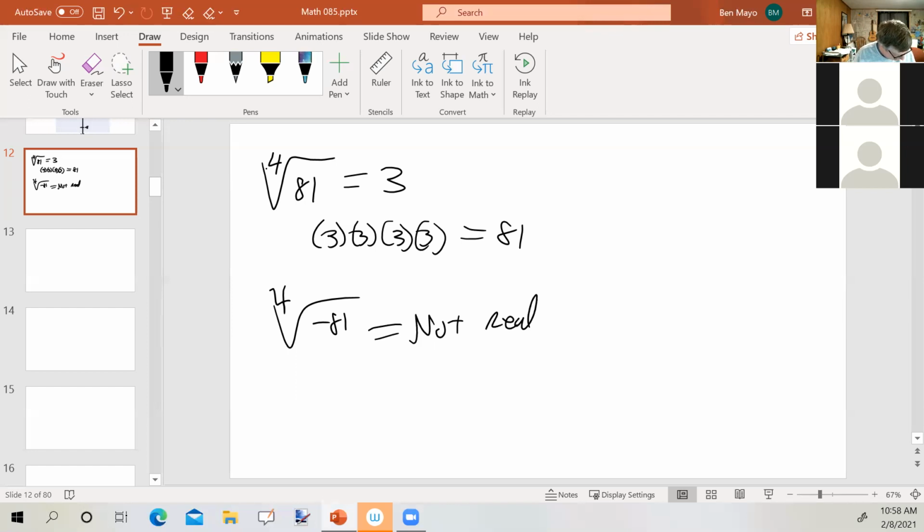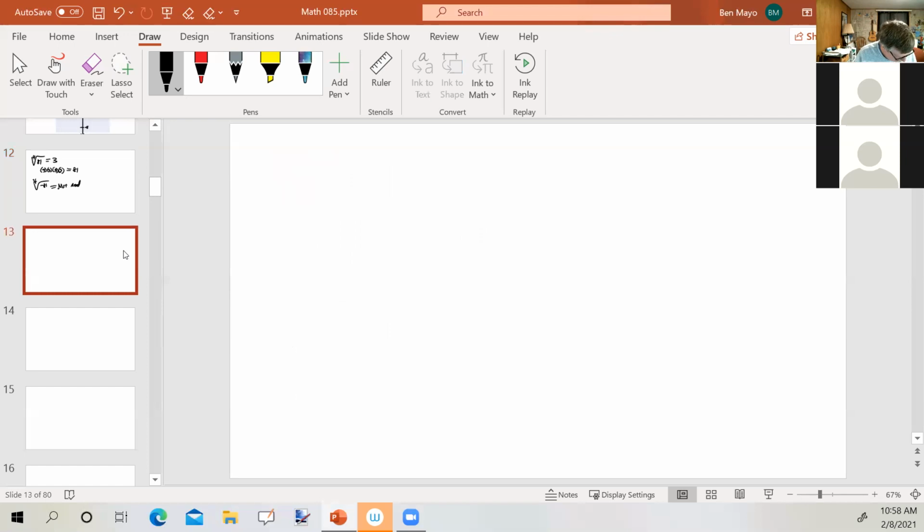How about this one? The fifth root of negative 243. Can you take a fifth root of a negative number? Yes. And you're going to get a negative answer.